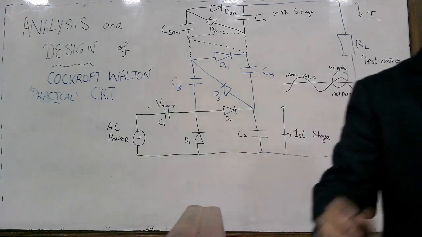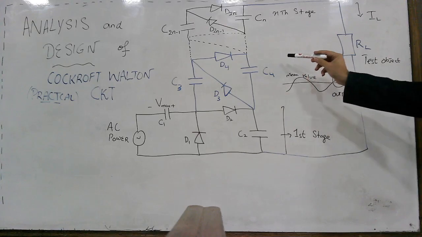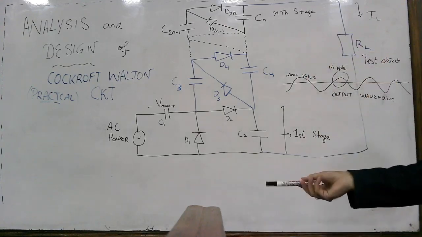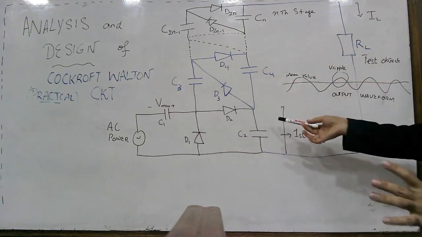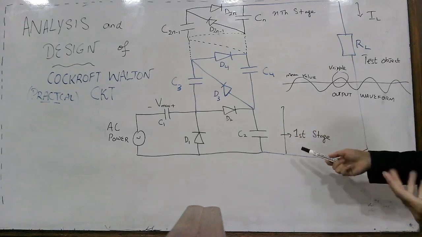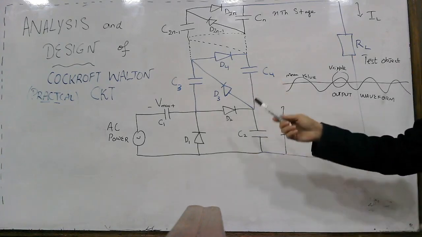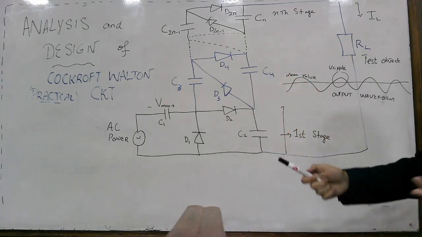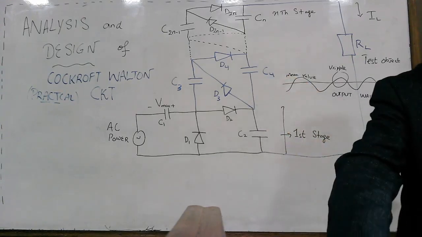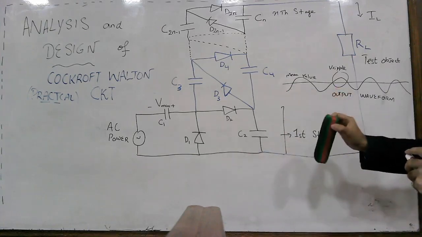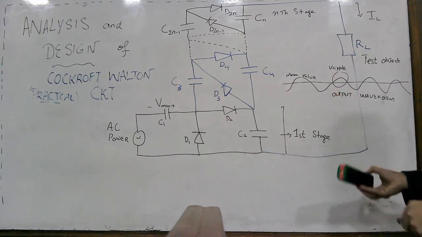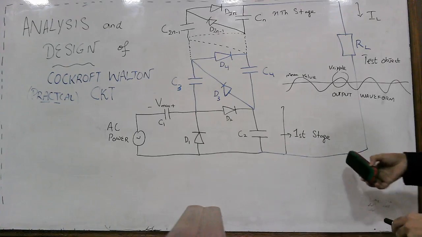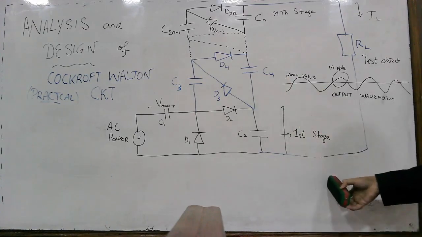So here you can see the circuit diagram of the Cockcroft-Walton multiplier circuit. If you are not familiar with this circuit, or if you don't know how it works, please refer to my previous video lectures. Here in this video lecture we will be starting from the ahead. Okay, so this is the Cockcroft-Walton circuit.